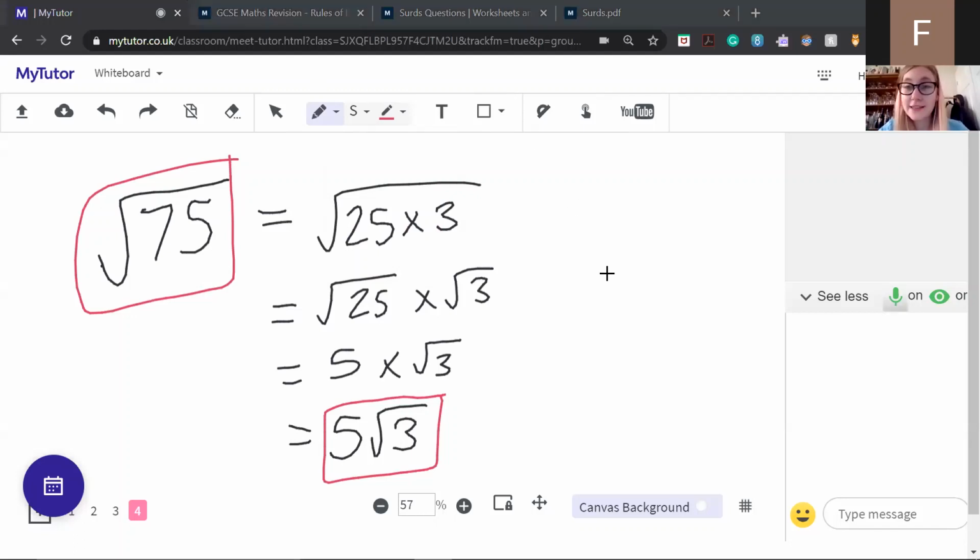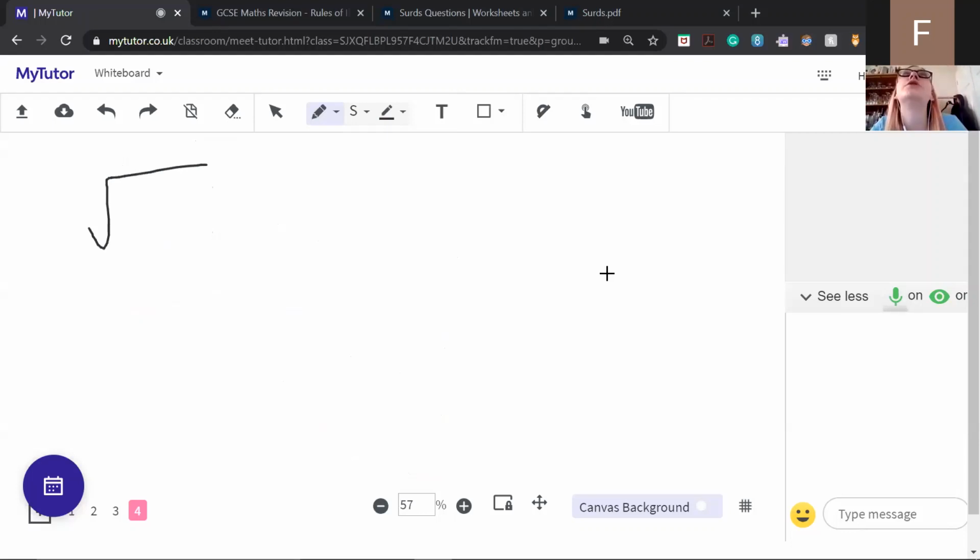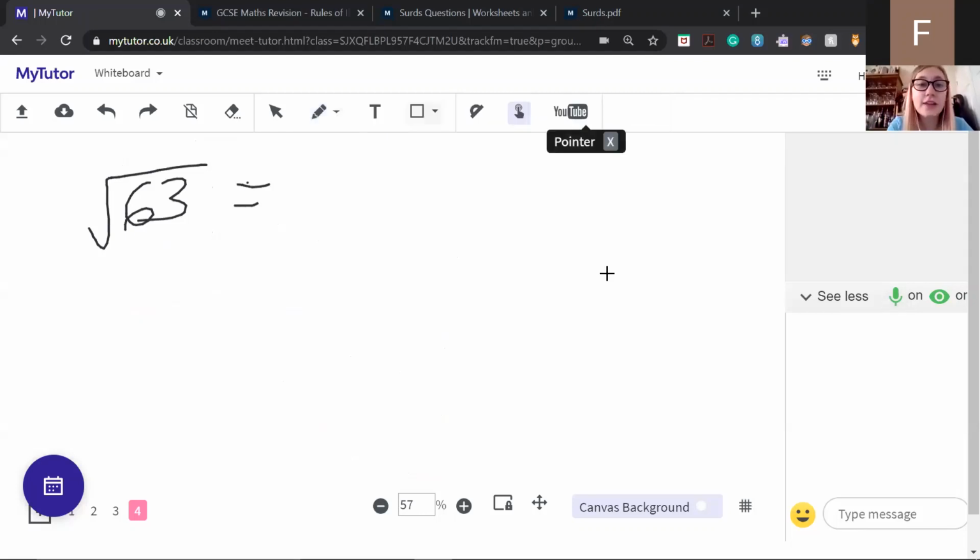So hopefully that makes sense. I think I'll just go over one more example. So let's say we have root 63. Again, our trick is always to write this in terms of something that is a square times something else.